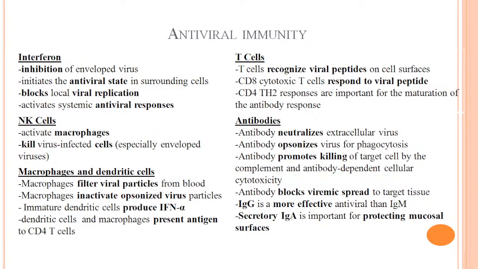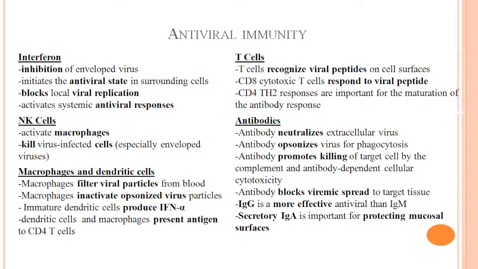Null cells don't have any CD markers on their surface, but T cells are lymphocytes. CD8 cells, the T killers, respond to viral peptides, so they are activated in the presence of viral peptides.